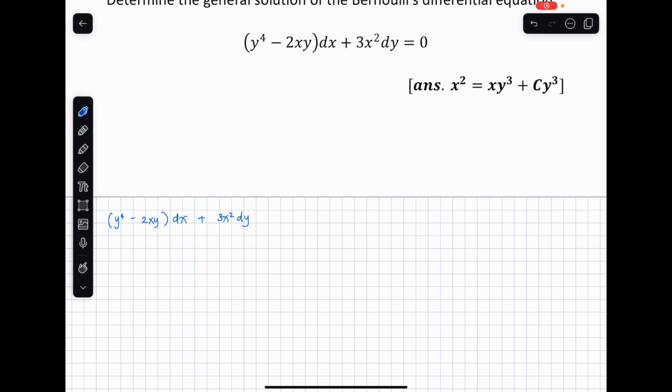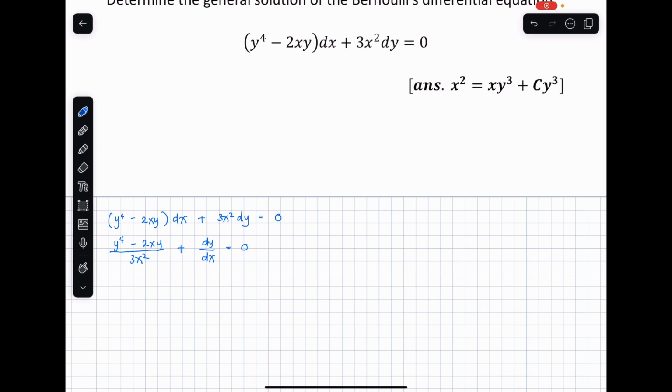So we separate this one by dividing everything by 3x squared and dx as well. That will yield (y to the fourth minus 2xy) divided by 3x squared, plus dy over dx is equal to 0.